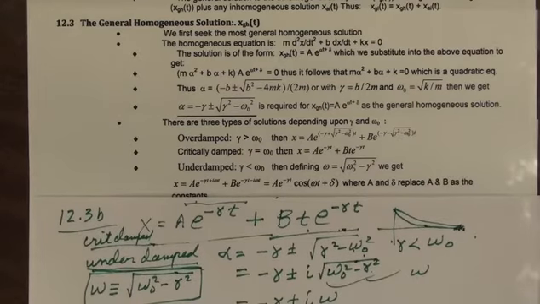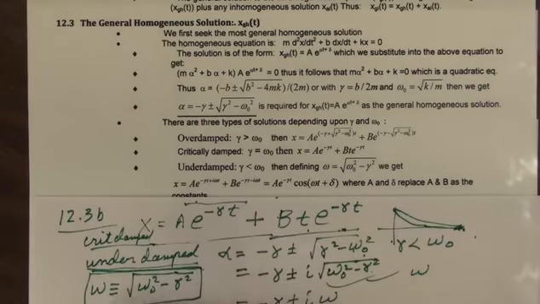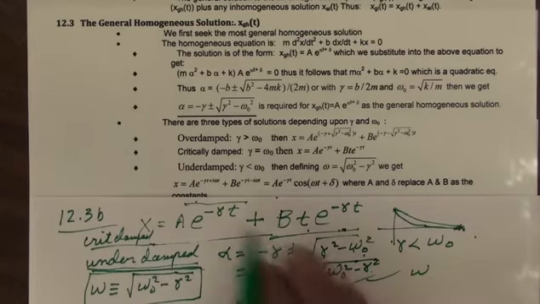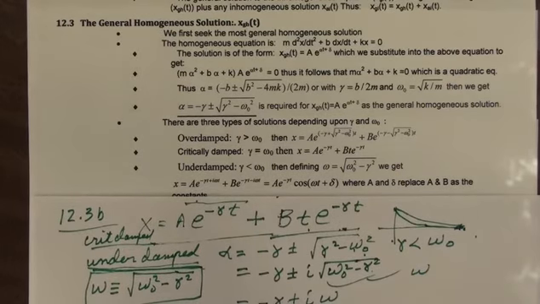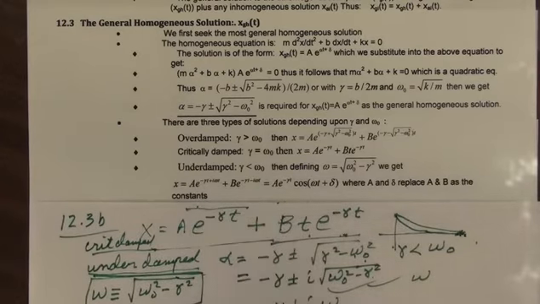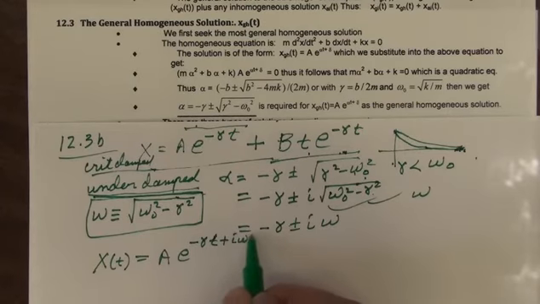Now what are our solutions? Well, our solutions are, as before, where we take this term here and exponentiate it, and we get these two types of terms. We will get our solution x of t equal to, we'll write both of these now, A e to the minus gamma t plus i omega t.